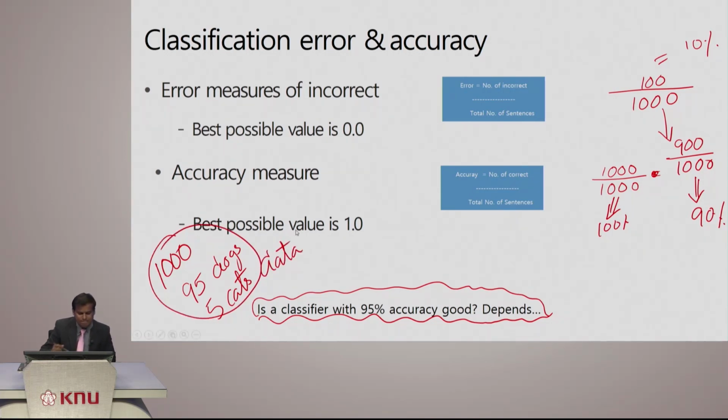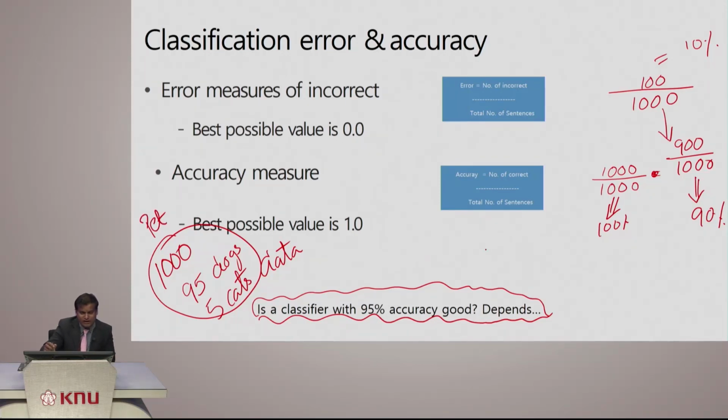So in this data, when you input it, suppose your classifier just automatically assigns the output label as dog for every pet that you are giving in. So this is a pet data set.